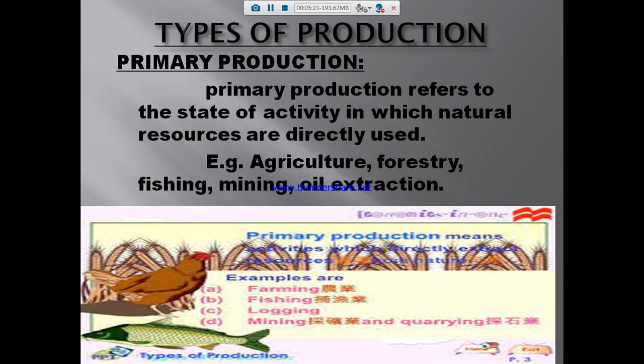Agriculture, forestry, fishing, mining and extraction are examples of primary sectors. Moreover, we have primary sectors in our Indian economy. Indian economy is a mixed economy. Private and public sectors coexist.